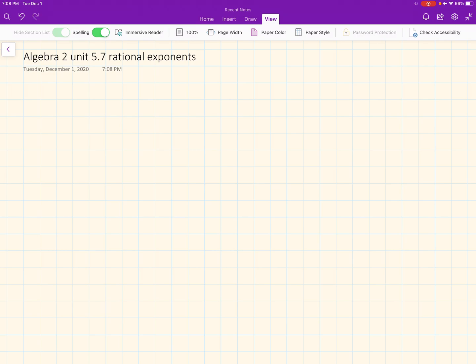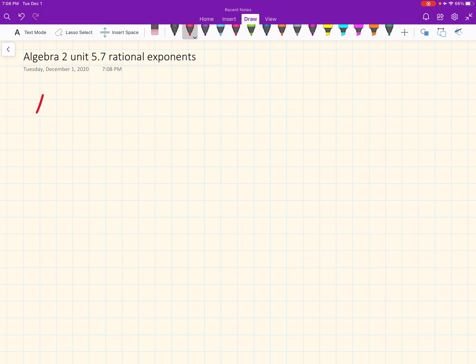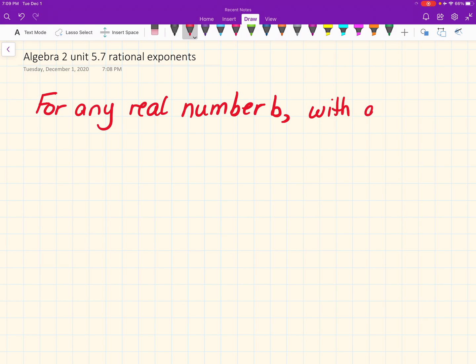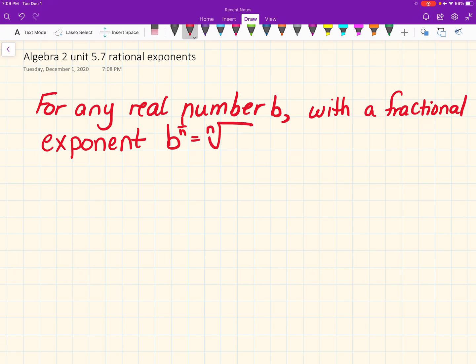Okay, for those of you who are using the pre-printed notes, here's what the first thing says. For any real number b with a fractional exponent, b to the 1/n is the same as the nth root of b.